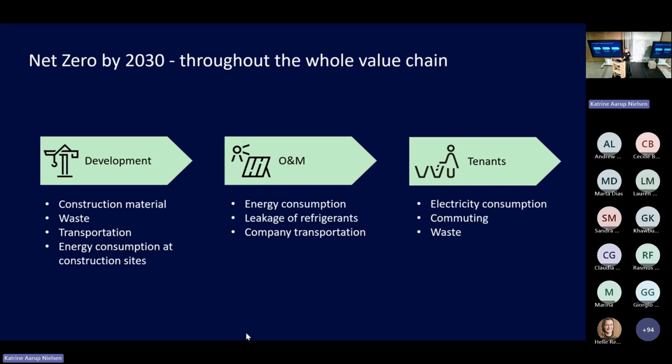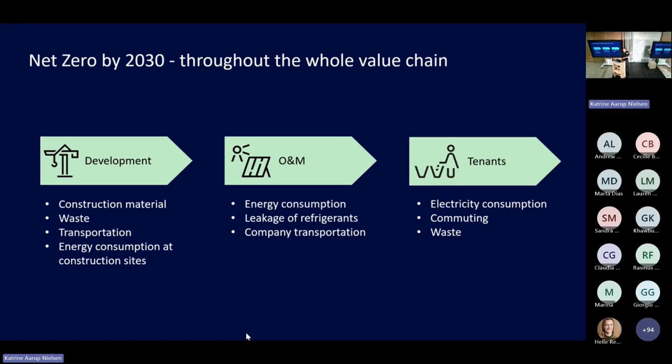Probably many of you are aware that nowadays science-based targets for buildings is possible to set on an intensity base, but this is absolute for Vasakronan. And quite soon we understood that we have to work on the left side of this slide, the development side of the company, to be able to fulfill this target.